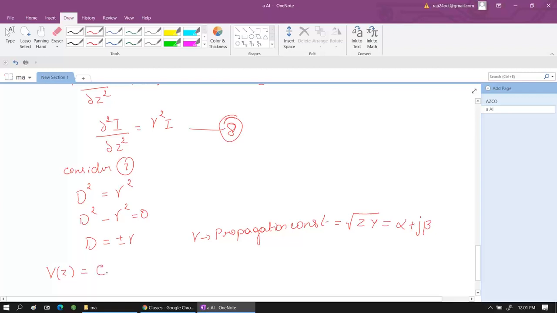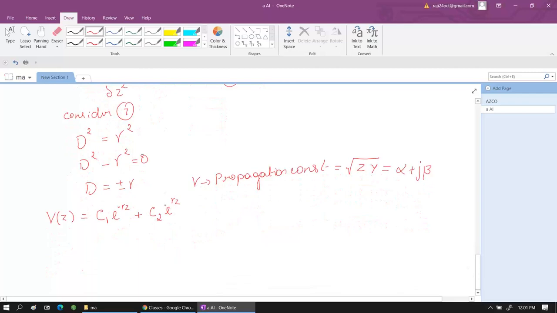A constant C1 into e to the power of any one root, plus C2, the second constant, e to the power gamma z as my next root. One is minus, the other one is plus. That is what I have considered over here.